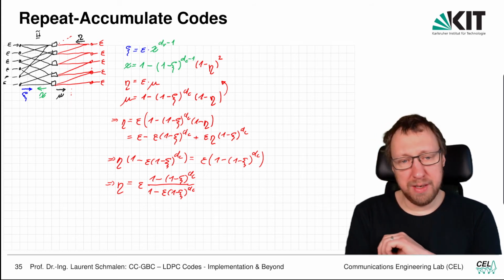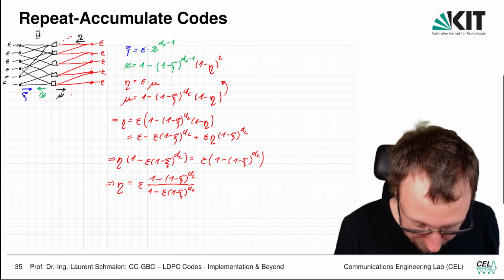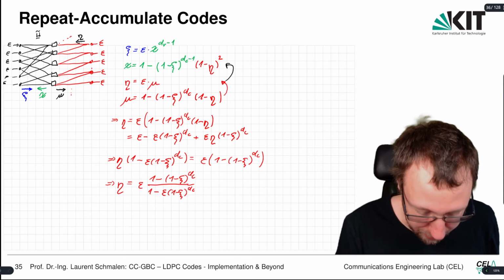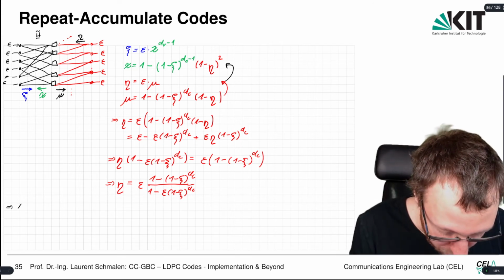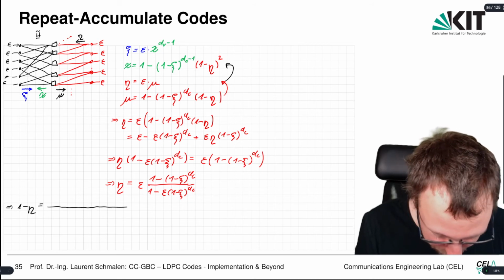And from this, we can actually calculate 1 minus eta, because we would like eta included here. For 1 minus eta, we put everything on a common denominator.